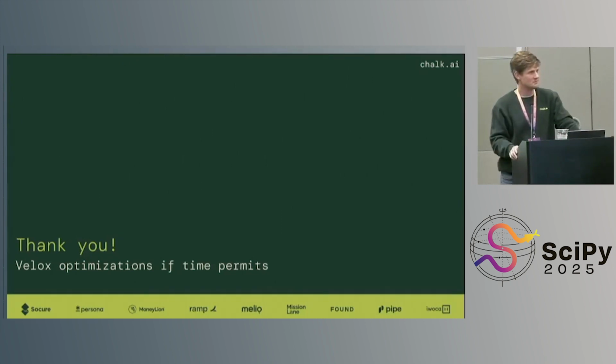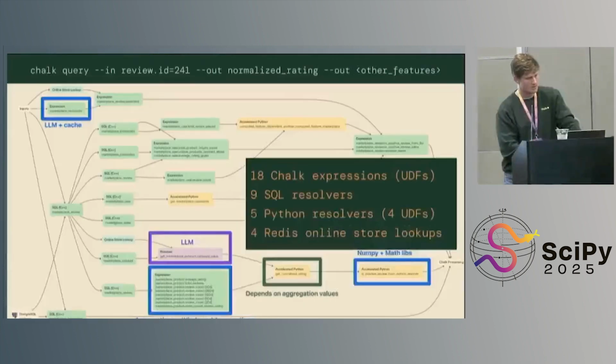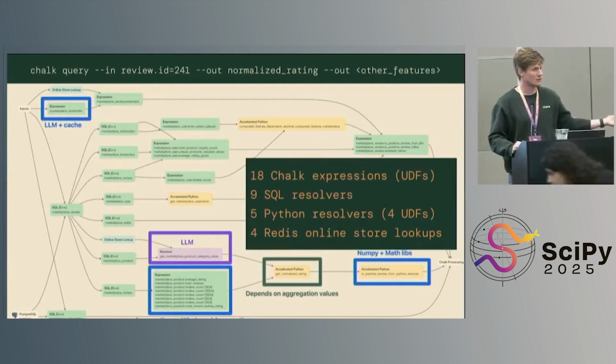So you talked about how it converts to Velox, but earlier you talked about other backends like executing on Snowflake. How are you converting from Velox to the actual SQL dialects? Yeah, absolutely. Velox is a SQL execution engine, and we're only doing these in Velox.